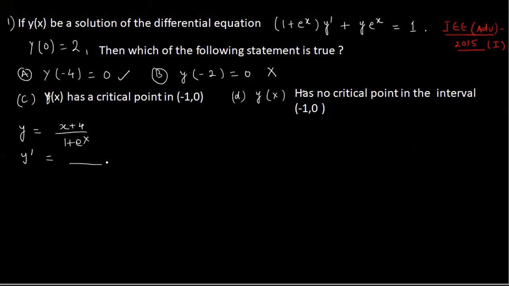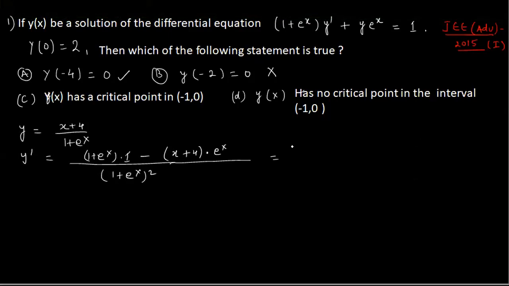So the derivative is simply 1 plus e raised to the power x times 1, minus the first function times the derivative of the second function, all over 1 plus e raised to the power x whole square. Let us simplify this.